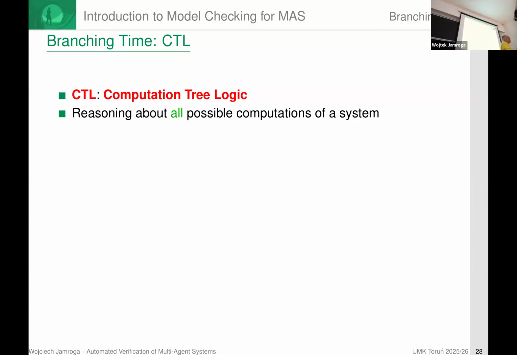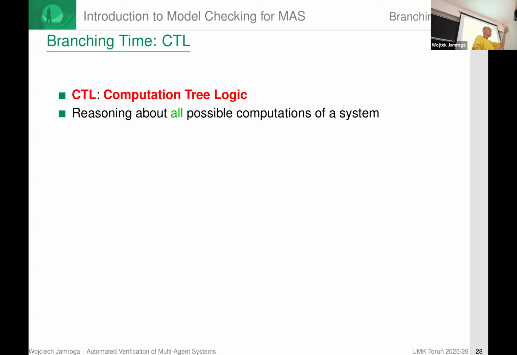But the idea is that there's not much about computation actually in the very idea of the logic. The idea is that we model the execution of the system as a branching time tree. If we look at the transition system, we start from the current state.